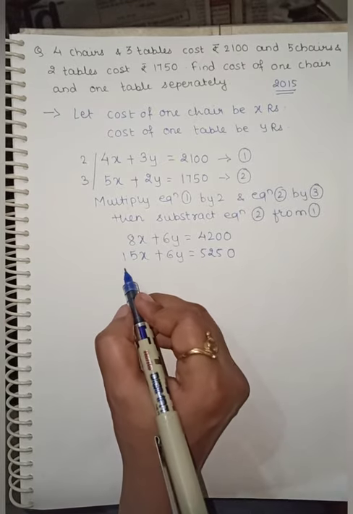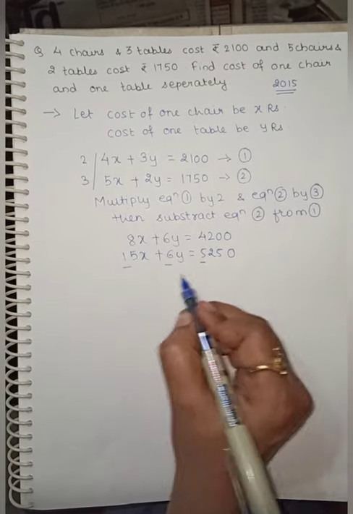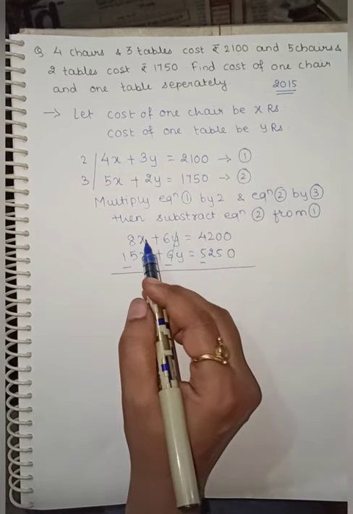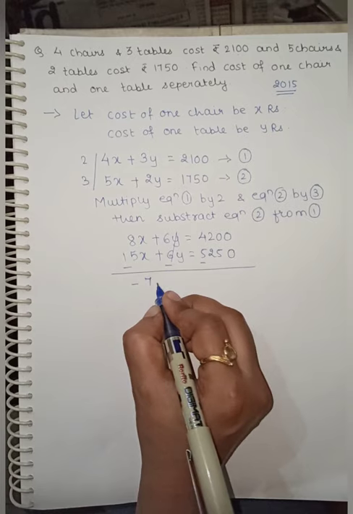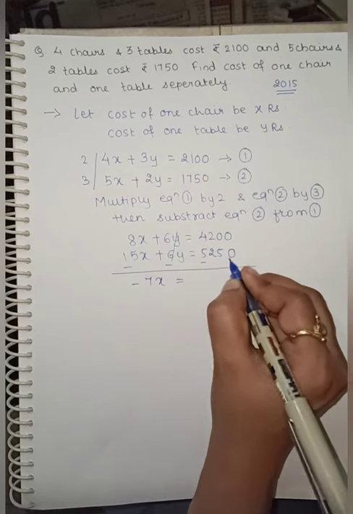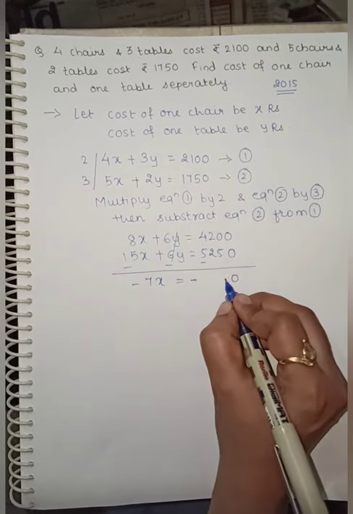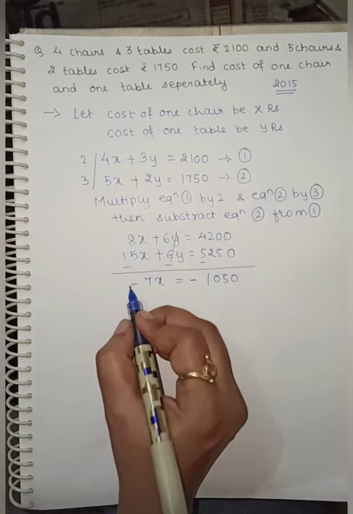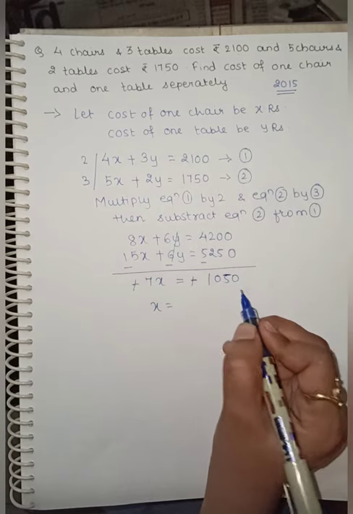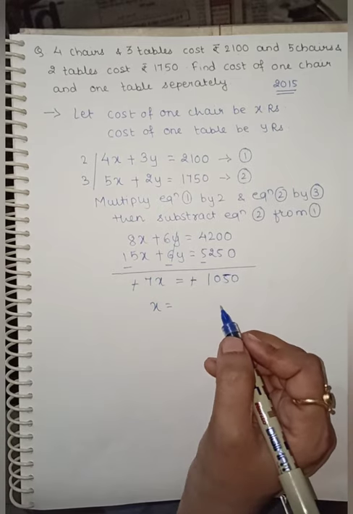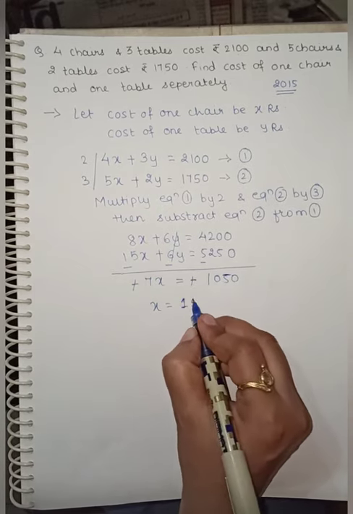We have to subtract the second equation, so changing the signs of second equation. Now 8x minus 15x will give me minus 7x equal to the subtraction of this, which is minus 1050. Now minus will get cancelled, so x is equal to, if you divide 1050 with 7, you will get the value of x as 150.